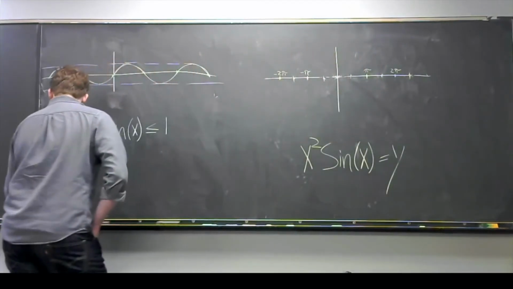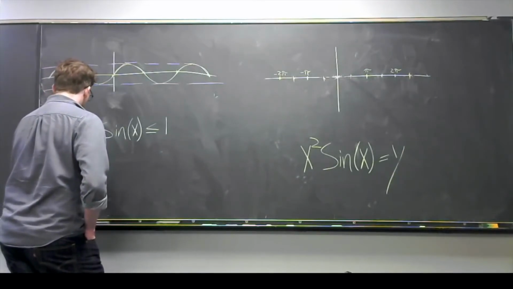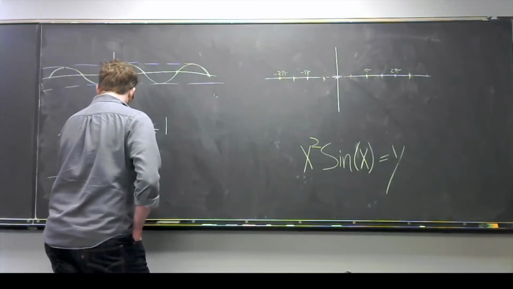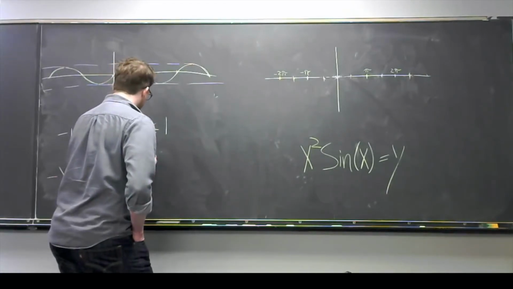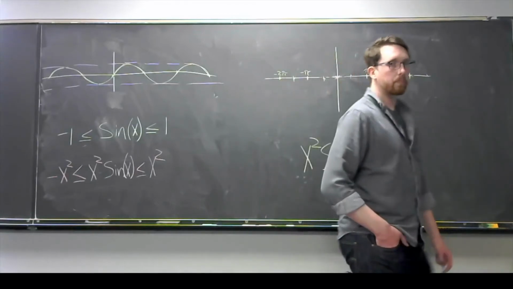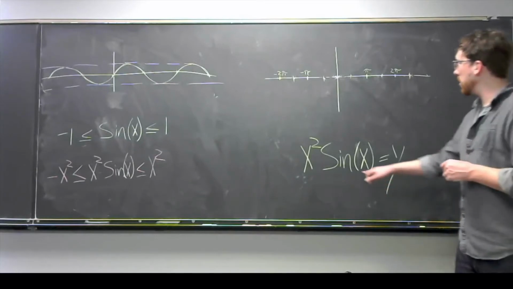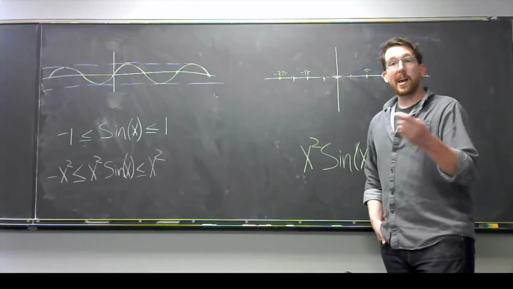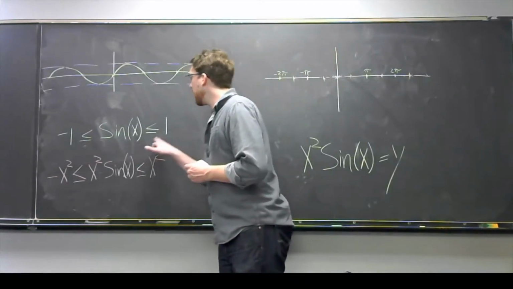When we do that, we get negative x squared is less than or equal to x squared sine x, which is less than or equal to x squared. So what this means is our function x squared sine x is going to be bounded between x squared and negative x squared, in the same way that sine is bounded between negative 1 and 1.